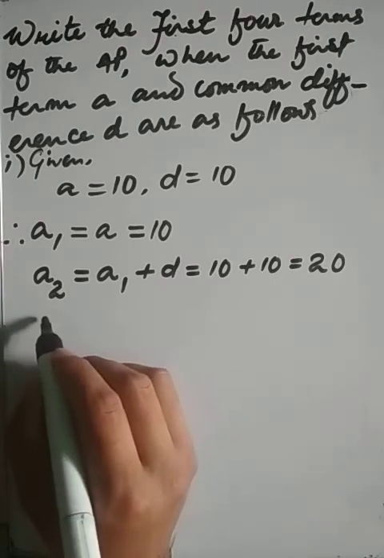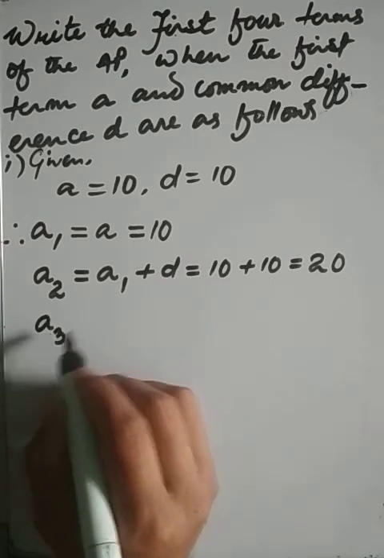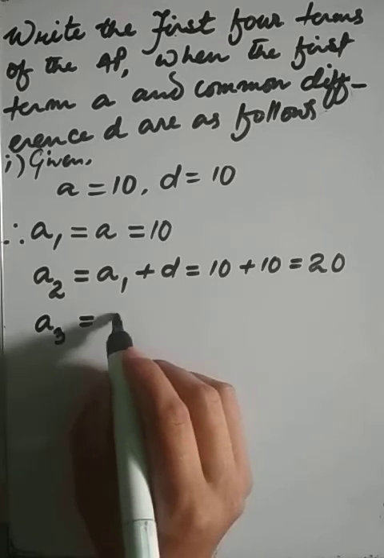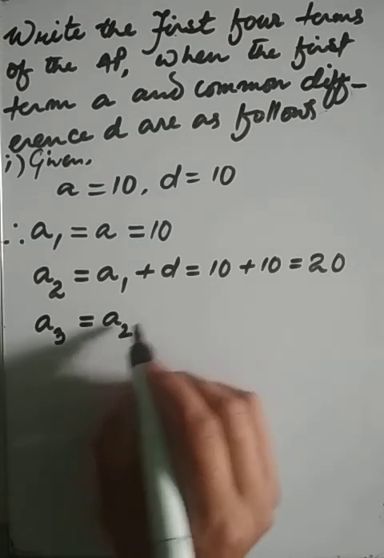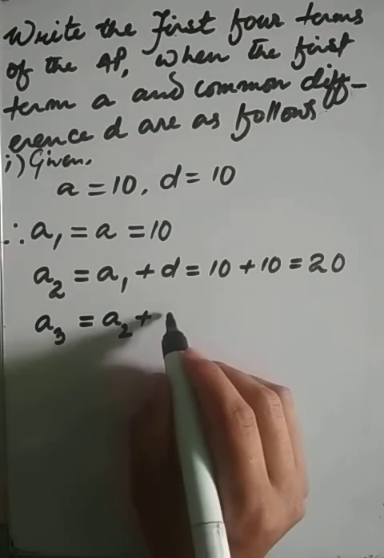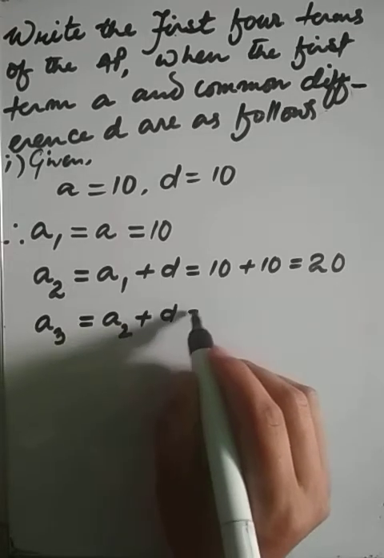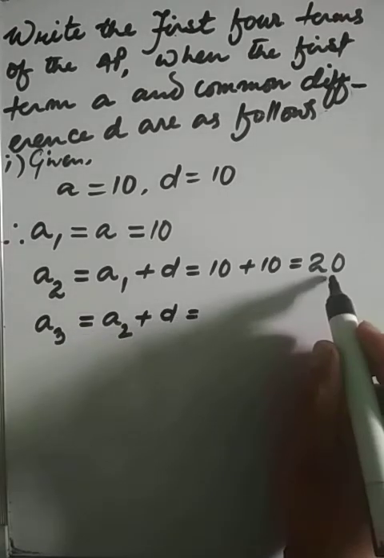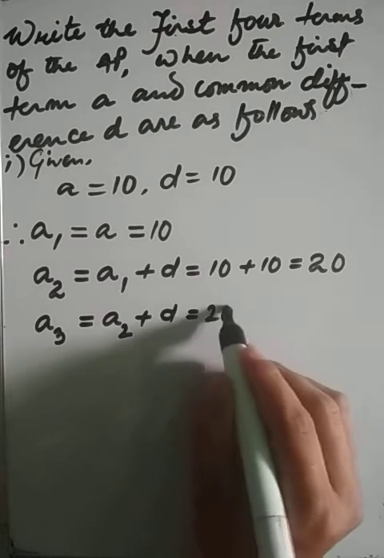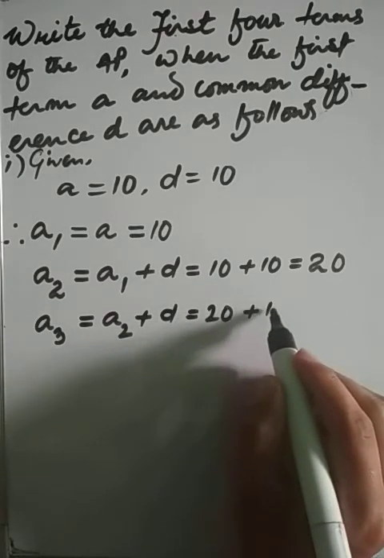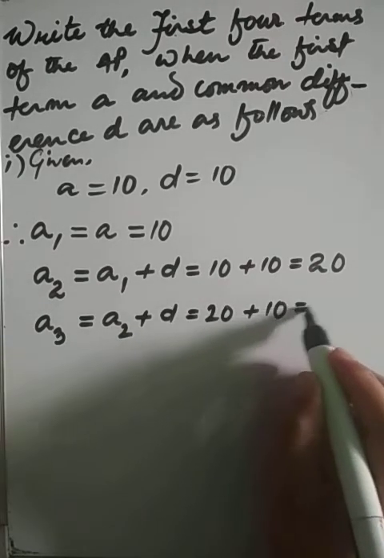Next, third term, that means a3. a3 means second term a2 plus common difference d. Second term we got here 20, so 20 plus d is 10, so we get here 30.